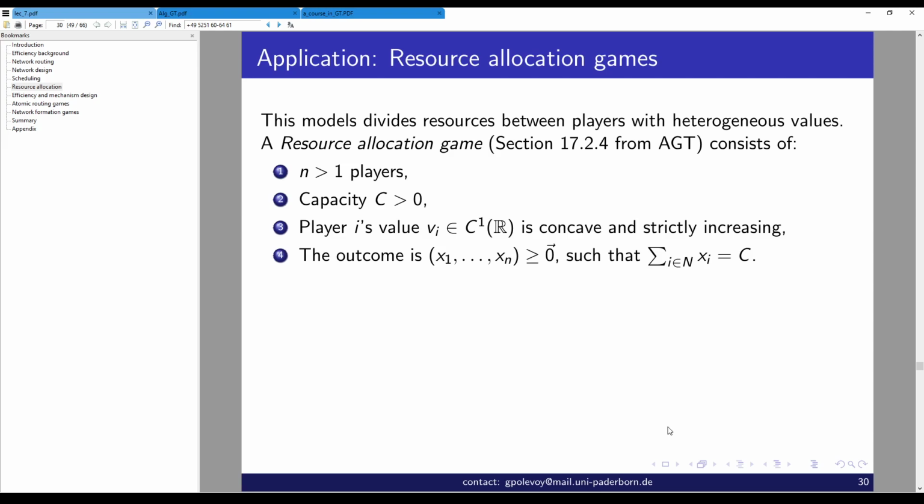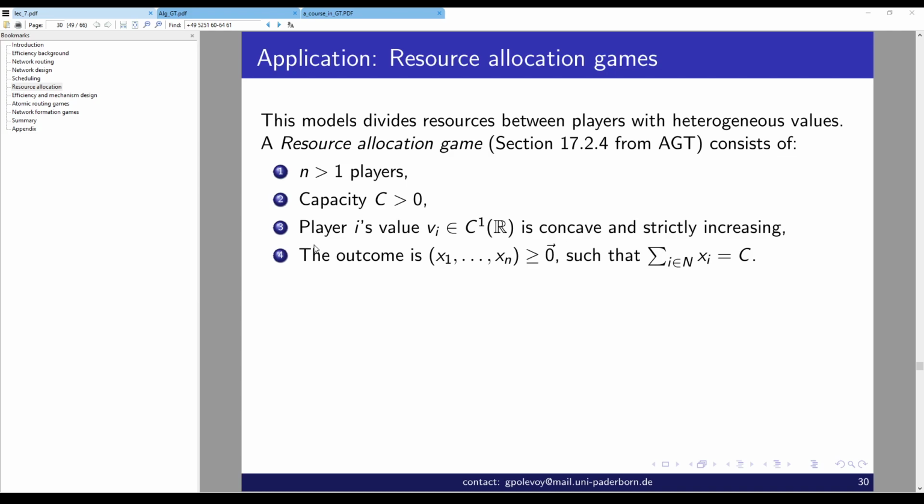So we have n players, at least 2 players, and this capacity, which is the resource which we divide between players. And so now the player's value is a function which is continuous. It's a real function from real to real, which is continuously differentiable.